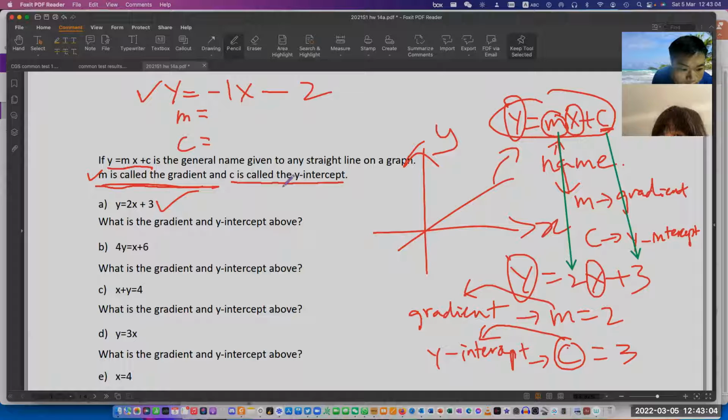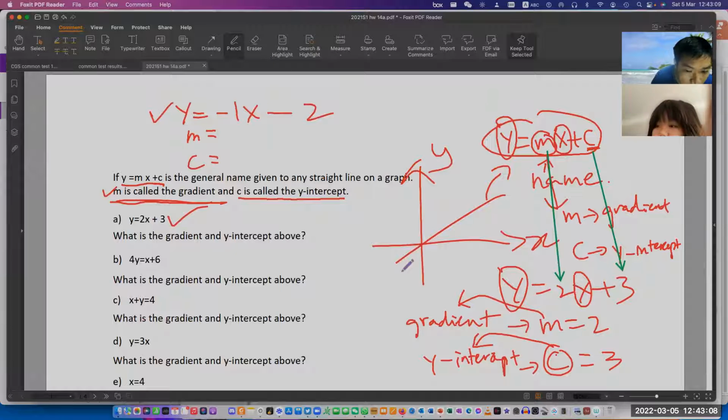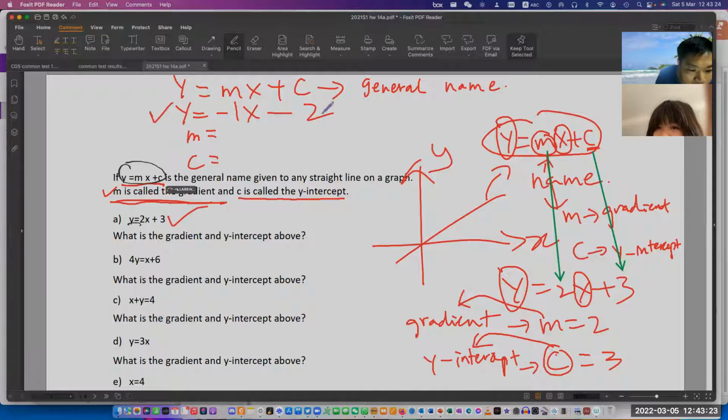By the way, y is equal to mx plus c is the general name. And now you are given y is equal to minus 1x minus 2. So in this case, what is your m, what is your c?